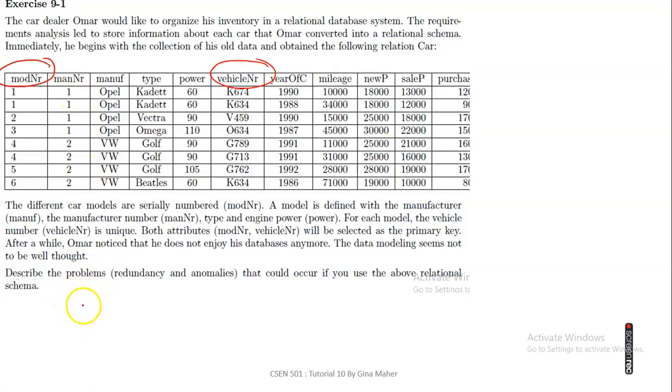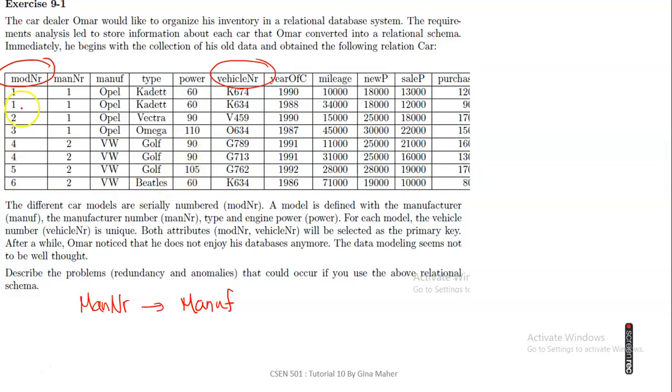So we can deduce that manufacturer number implies the manufacturer. Okay? And that the type and the power always change together, which means that they are actually no, because this one is different, so they are not related to each other.